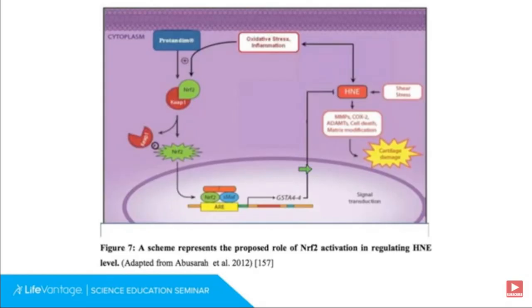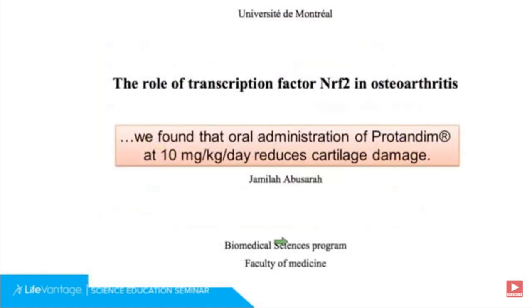And what they found was that Nrf2 activation with Protandim could play a role in preventing that cartilage damage. And so what they said, we found that oral administration of Protandim at 10 milligrams per kilogram per day reduced the cartilage damage. So that's pretty interesting information as well.